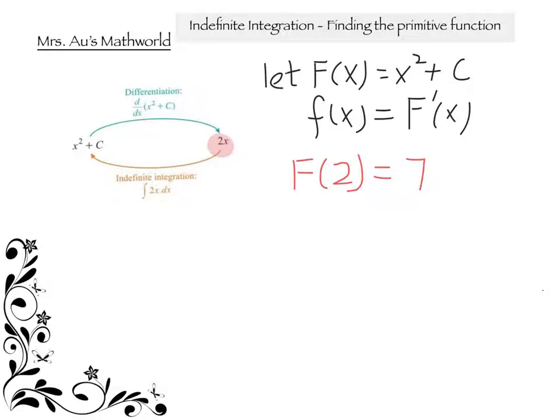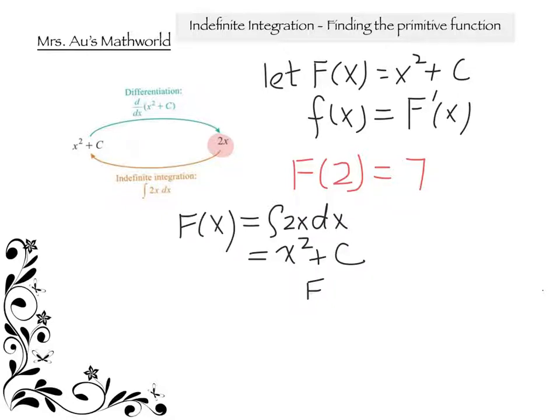Step 1: we have the integral of 2x dx, which is x squared plus c. The next step: as I know that this is F of x, a primitive function, I do the substitution F of 2 equals 7. Then 2 squared plus c equals 7, so c equals 3.